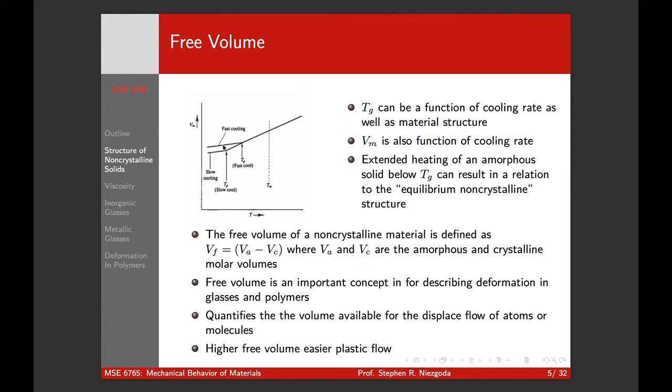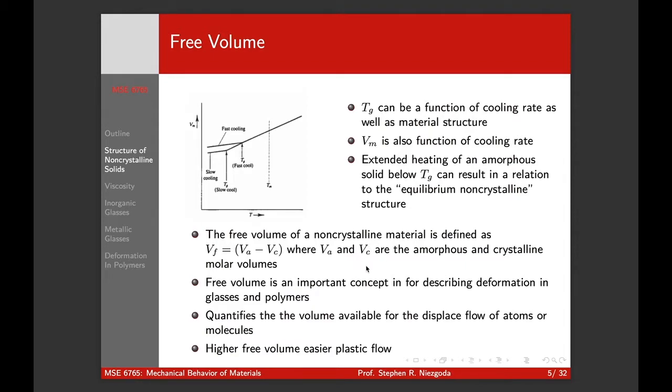It's kind of like an order parameter. It's a way of describing how far the current local atomic structure deviates from a reference or an ideal atomic structure. Some authors define that reference or ideal state as the crystalline molar volume.